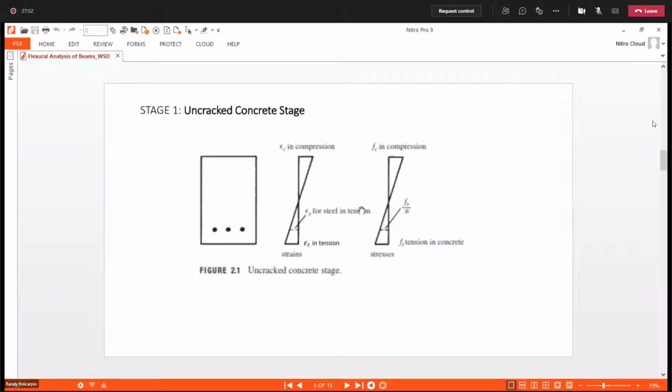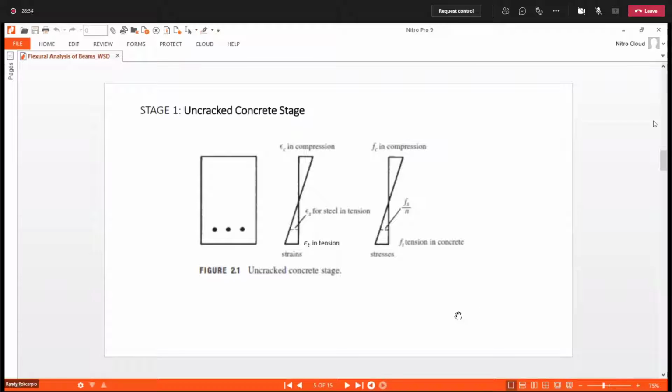For the stress diagram, FC represents the stress in concrete in compression. So remember, these are the maximum stresses which occur at the top, if the top is under compression. Now Fs over n represents the equivalent stress of steel, which is in tension, and F sub T represents the tension in concrete.